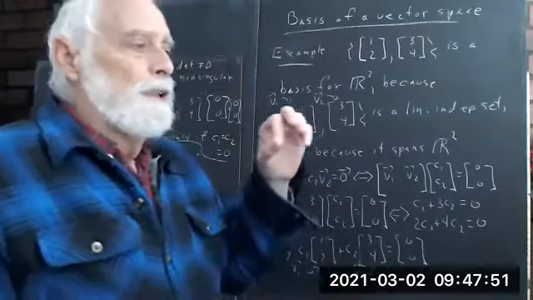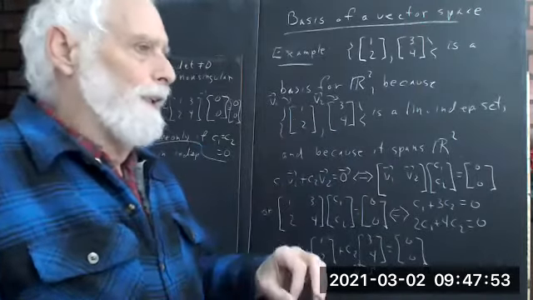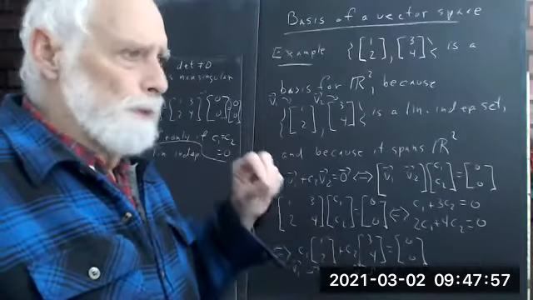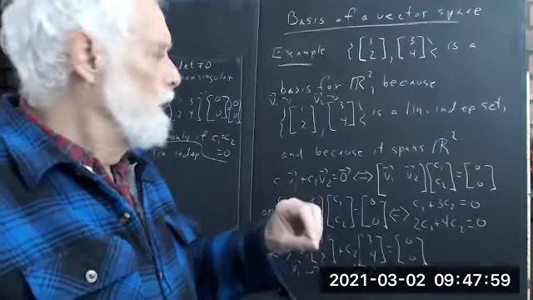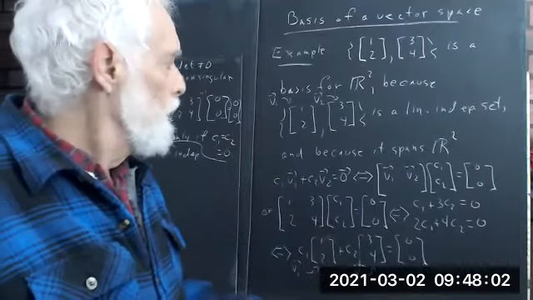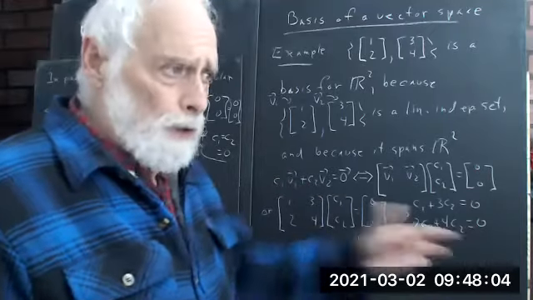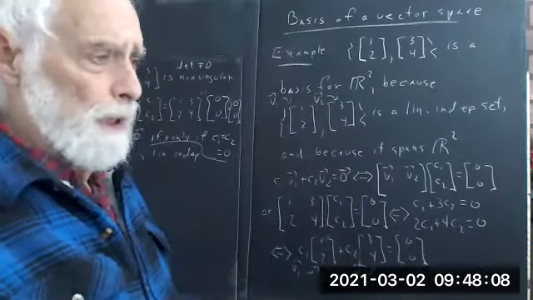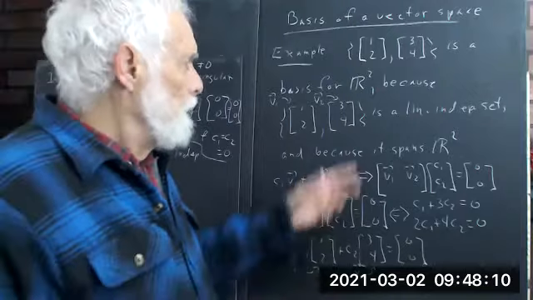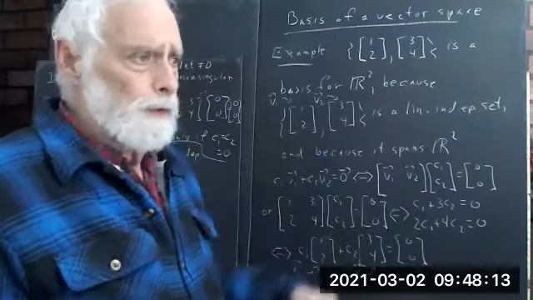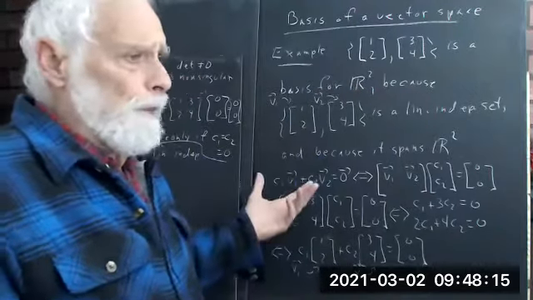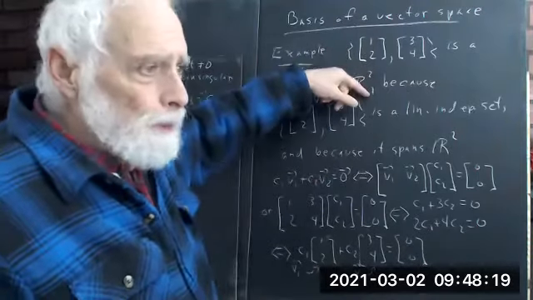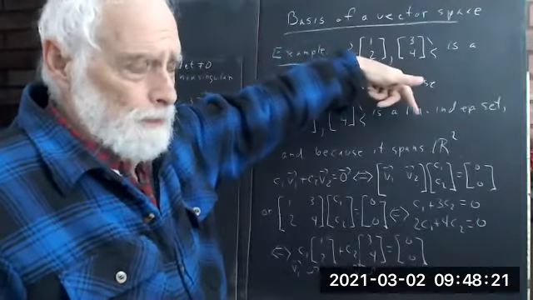And since any of the vector spaces we're going to spend most of our time studying are finite dimensional, polynomials, matrices, the 2 main examples where the vectors are polynomials or the vectors are matrices, they can be represented by column vectors.